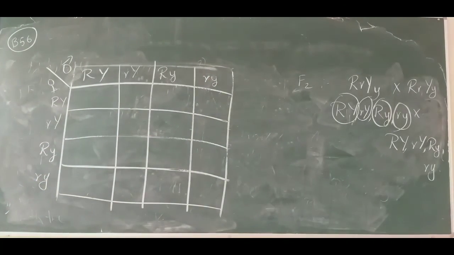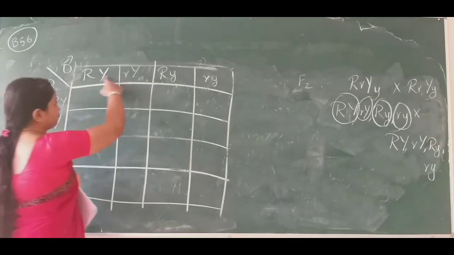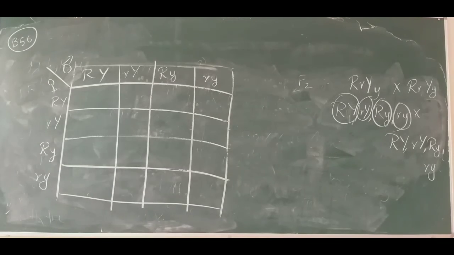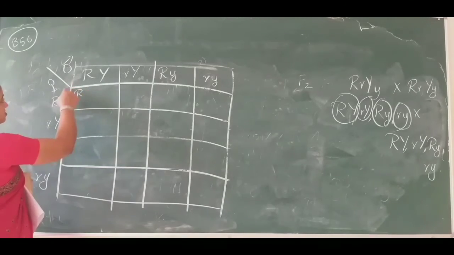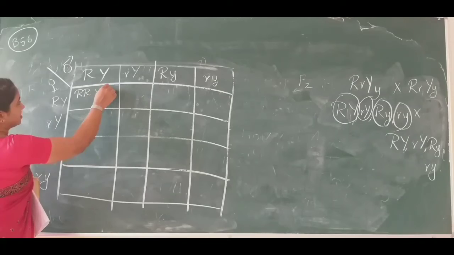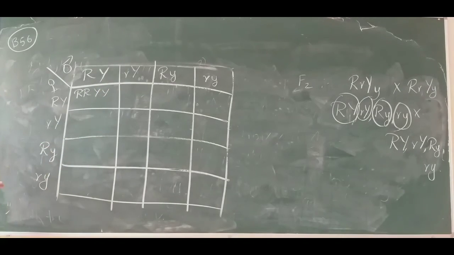If you don't write them in the proper manner, you won't get the result. Just start crossing these male and female gametes. You will get 16 offspring.